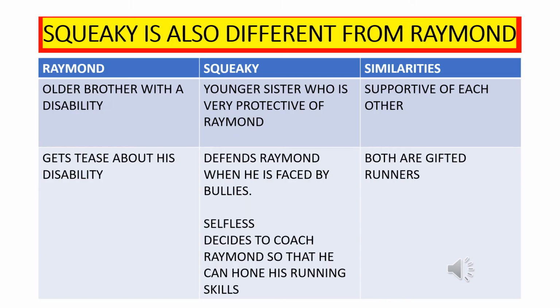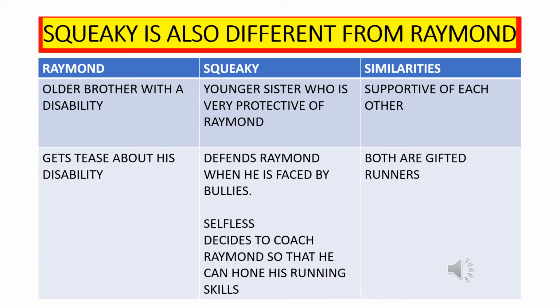She is also very different from her brother Raymond. Raymond is the older brother with a disability. Squeaky is the younger sister who is very protective of Raymond. The similarity between them here is that they seem to be very protective of each other. Now, Raymond gets teased about his disability, and Squeaky defends Raymond when he is faced by these bullies.